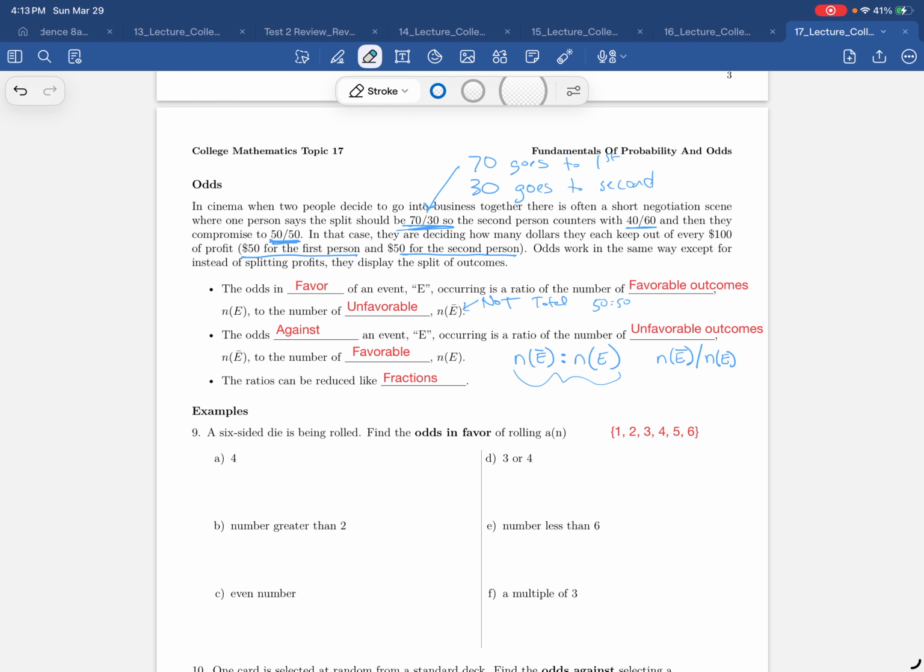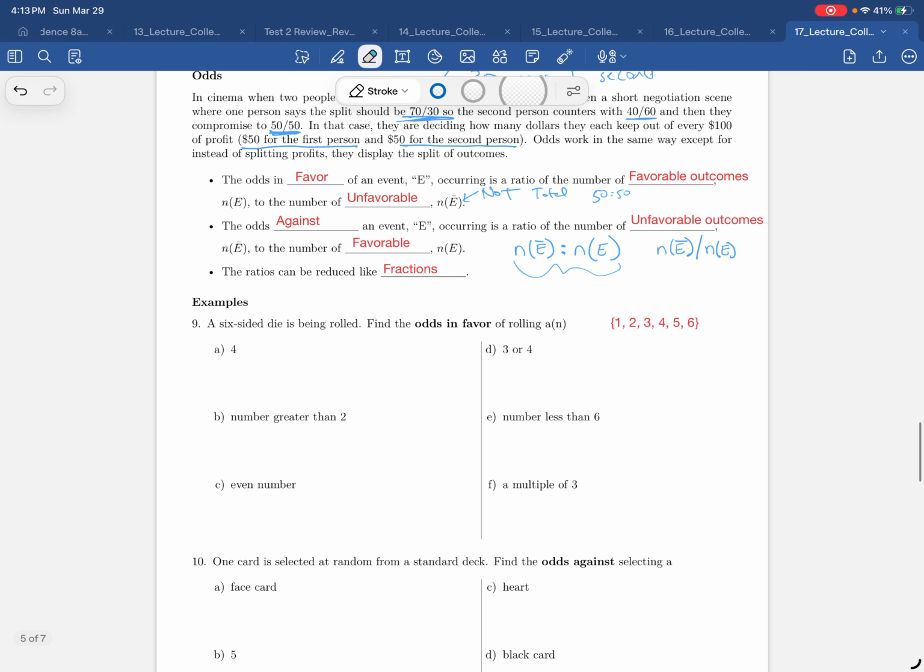Okay, let's go back to looking at a 6-sided die. The odds in favor of rolling a 4. Well, we already know the probability of rolling a 4. I'll just put P of 4 is 1 out of 6. We did that earlier, but that's not what we're looking at now. Odds in favor means we want to put the number of wins, or the number of ways there are to get a 4.